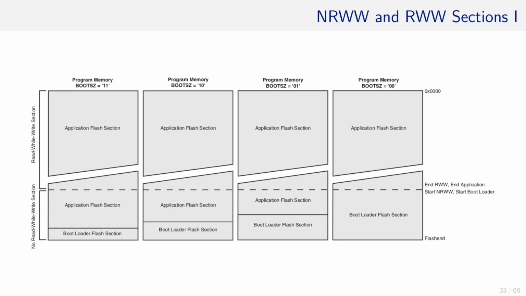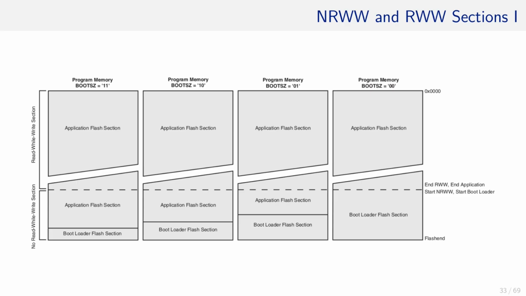Okay, first we have a look at the no read while write and read while write section of the flash. The bootloader is always stored in the no read while write section. How much space it occupies in that section depends on the setting of the BOOTSZ fuse bits.